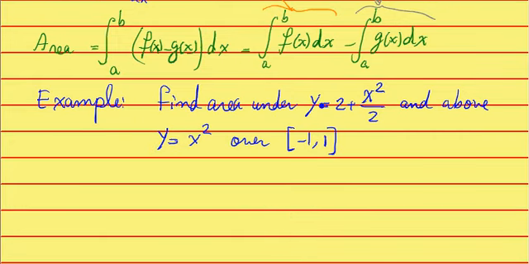Now in this problem we are given a curve for the top portion, another curve for the bottom portion, and we are specifying the left and the right. Everything is given.